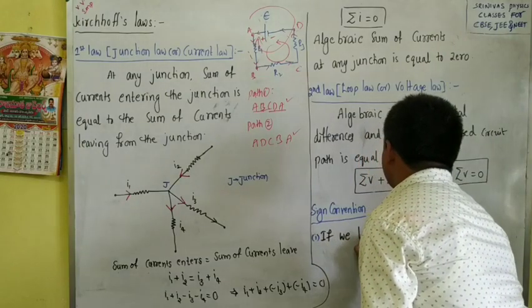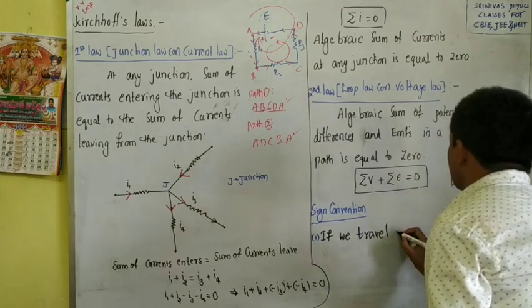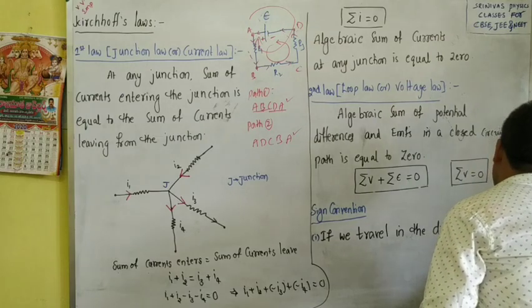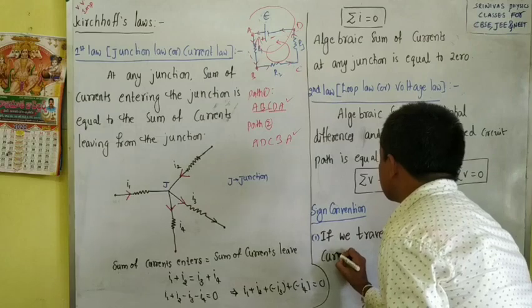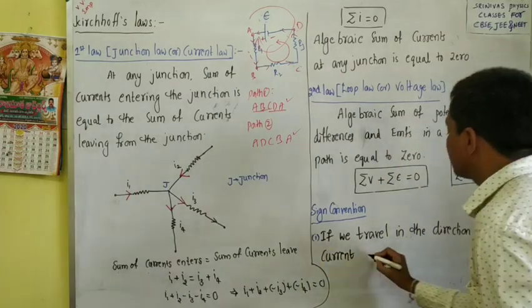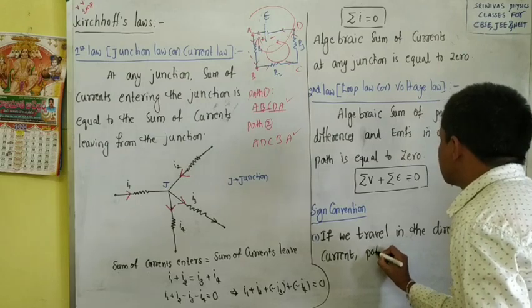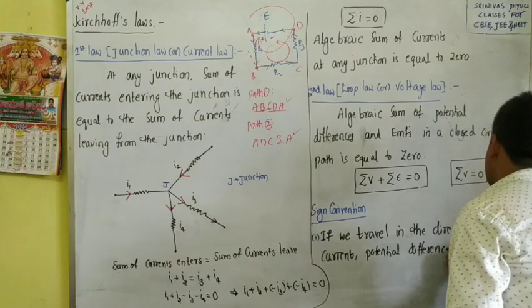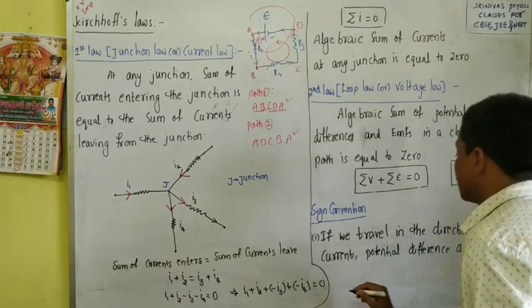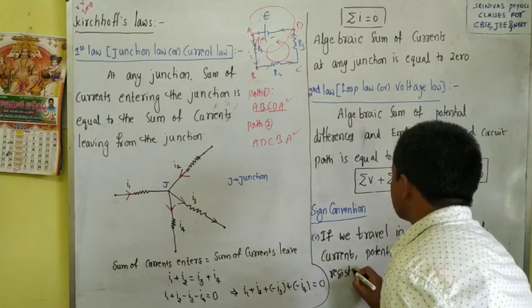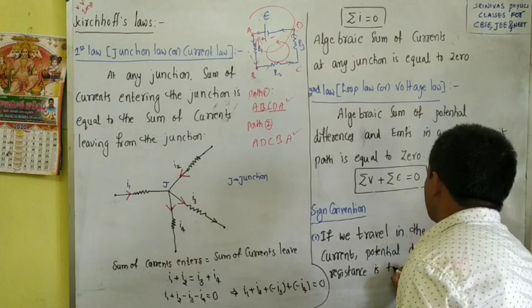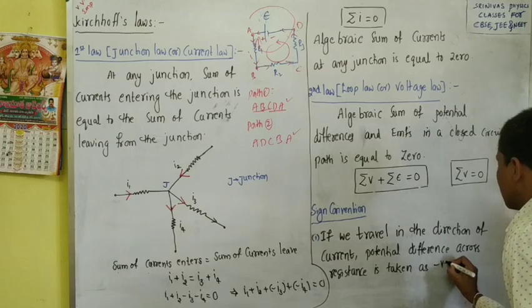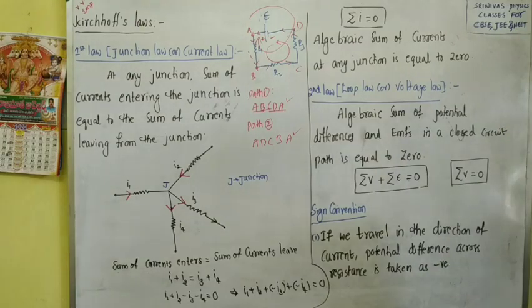If we travel in the direction of current, the potential difference across resistance is taken as negative.